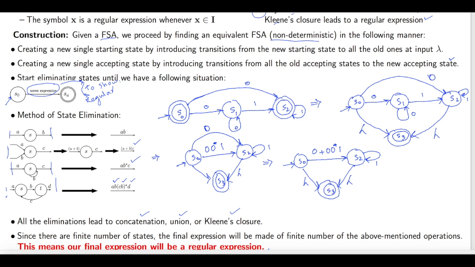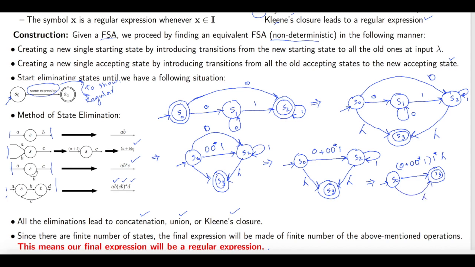Okay, now this and this is what situation? This situation is again this situation. So I can say only one path from S0 to S3, with 0 plus 0, 0 star 1, and then 1 star and then lambda, and then I have another one with lambda.